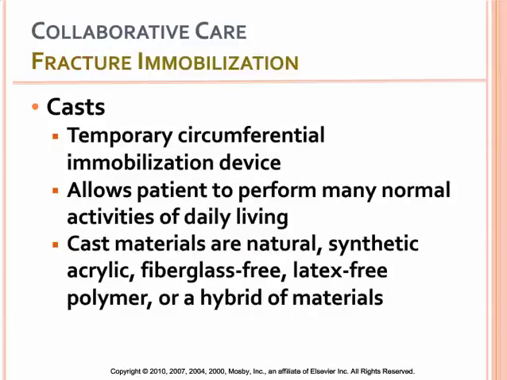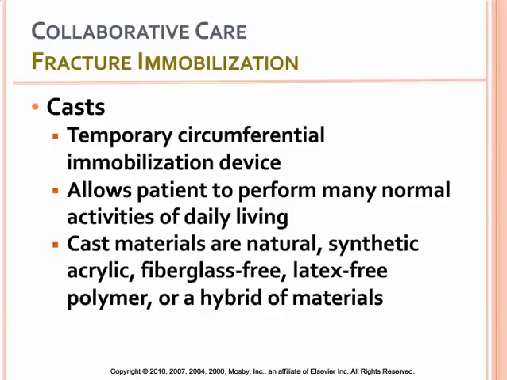Casts are a temporary immobilization device that goes all the way around the extremity. It allows the patients to do many more activities of daily living than traction does. And cast materials are natural, synthetic, acrylic, fiberglass-free, latex-free, polymers, or a hybrid of all of those.